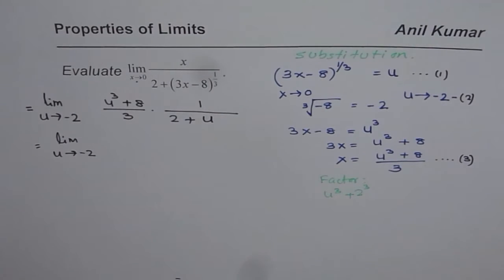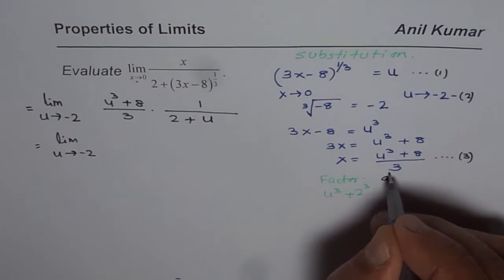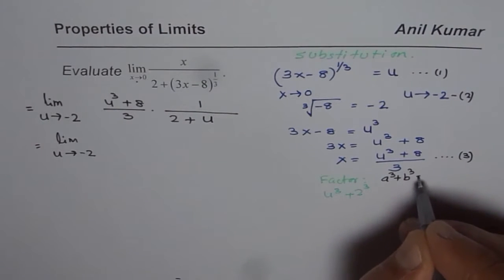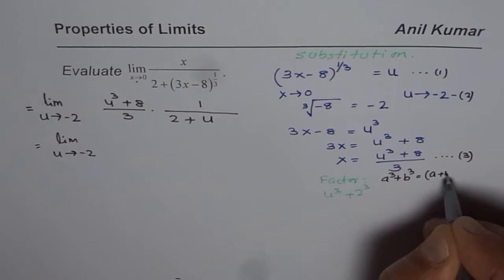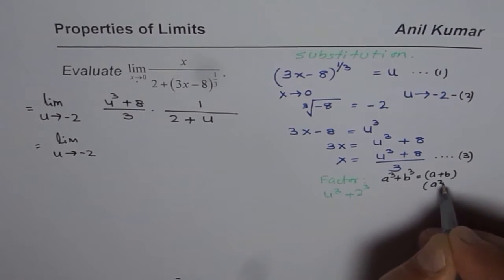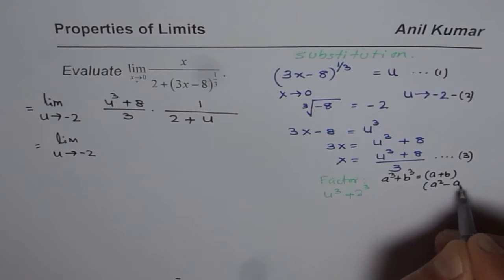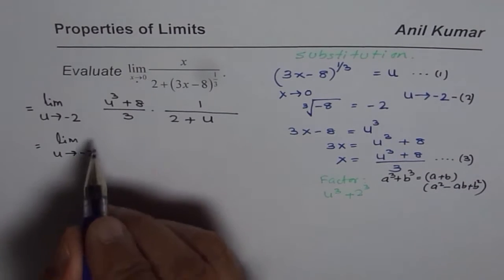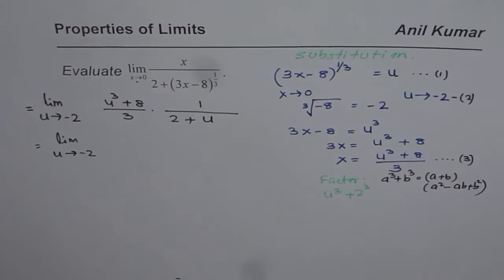The formula which I'm going to use is a cube plus b cube, and that equals (a plus b) times (a square minus ab plus b square), correct? That's the formula.